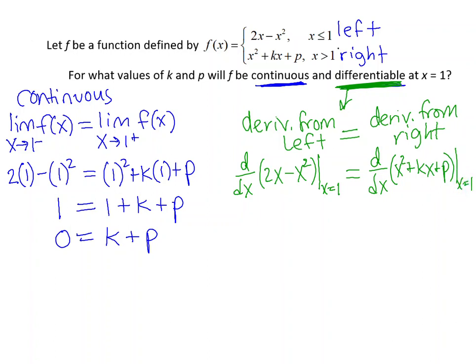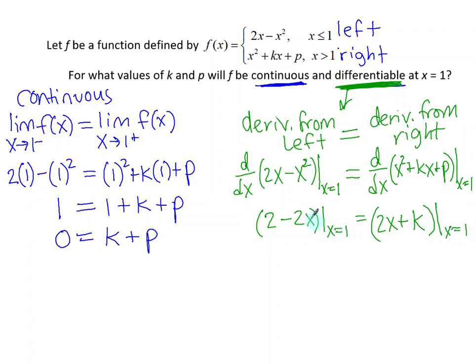Now let's do each of these derivatives. Using our power rule, we get 2 minus 2x, and we want that evaluated when x equals 1. And our derivative for this, using our power rule, 2x plus k being a constant times x is just the constant. P being a constant, the derivative of the constant all by itself is 0. And we want that at x equals 1 as well.